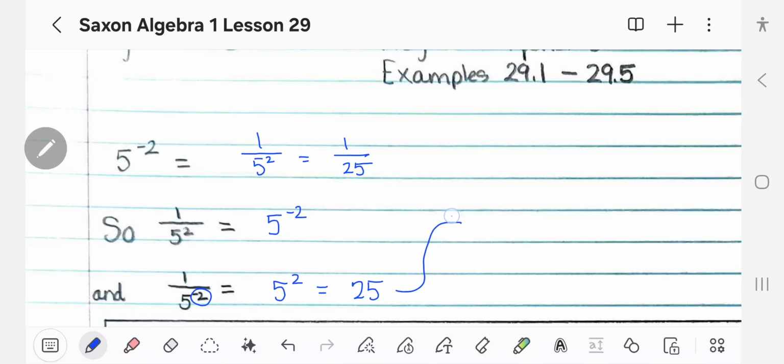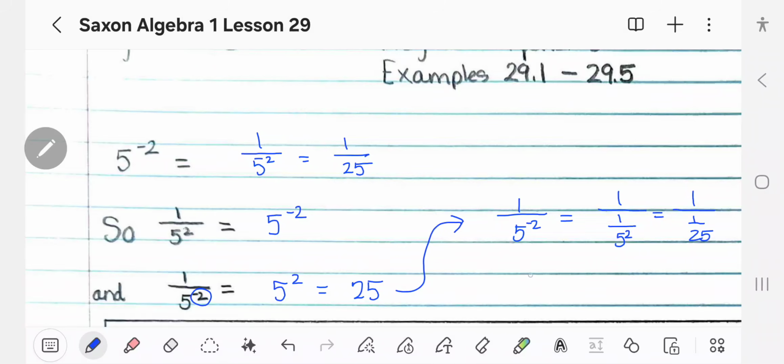Now I want to take the time to show you this longhand, 1 over 5 to the negative 2, based on what we said in the last video. That's the same as 1 over, and then 5 to the negative 2 is a fraction, 1 over 5 squared. So we have 1 over 1/25.